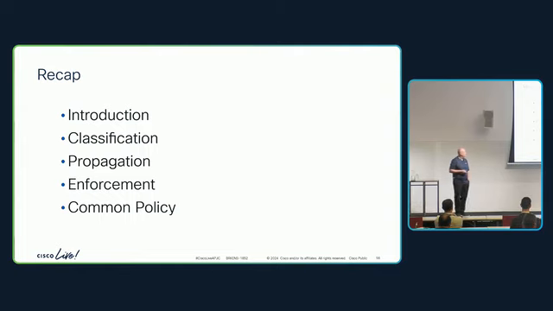Okay, so recap. Covered an introduction to the technology. We covered classification, propagation, and enforcement, and the new innovation, common policy. Remember, it's a sort of misleading term: it's not necessarily configuring policy in one place, because it's a challenge for admins to get that to work with the firewall teams and what have you. Rightly so, we've got to think about security as a whole.